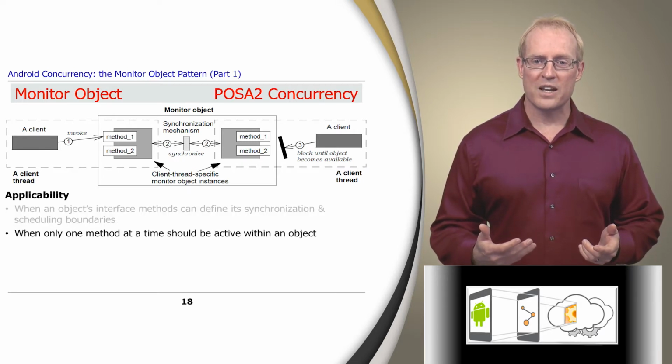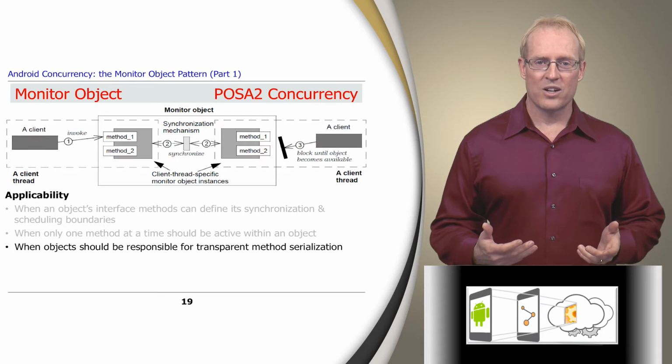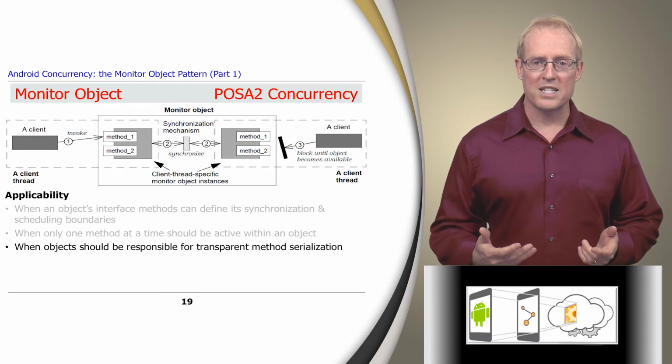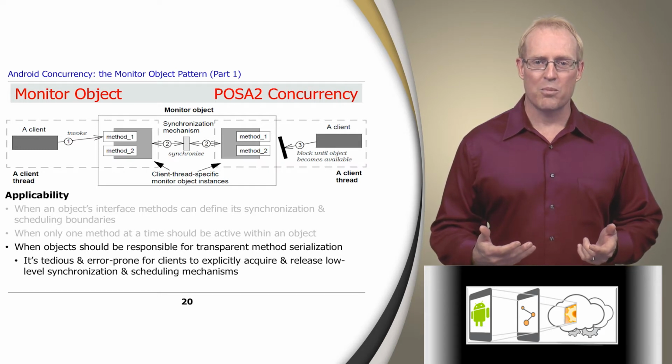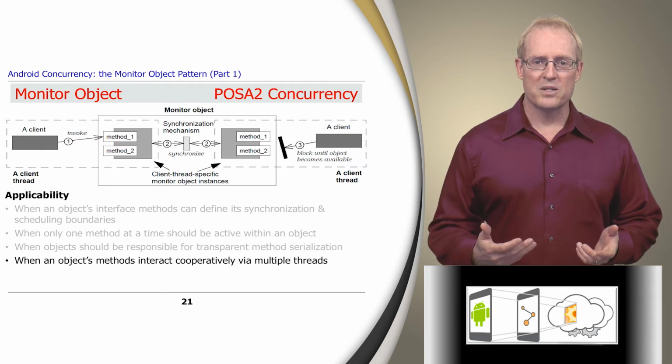Concurrent software is often easier to program when only one method at a time is active within an object. Likewise, concurrent software is also often easier to program when clients aren't responsible for serializing method execution in an object, since it's tedious and error-prone to explicitly acquire and release low-level synchronization and scheduling mechanisms, such as locks and condition variables.